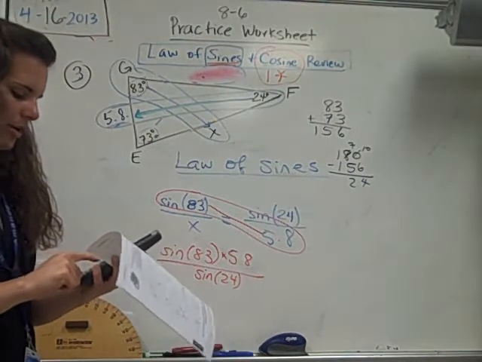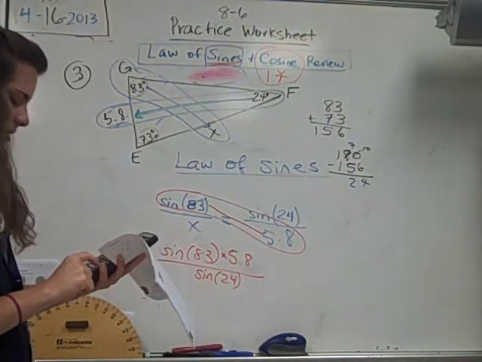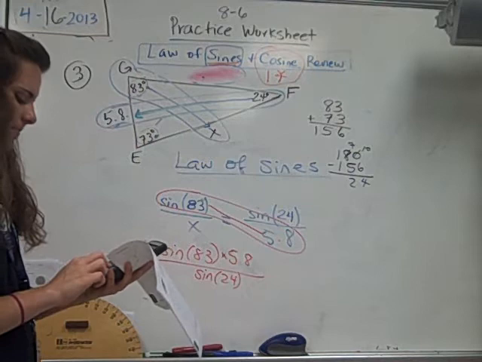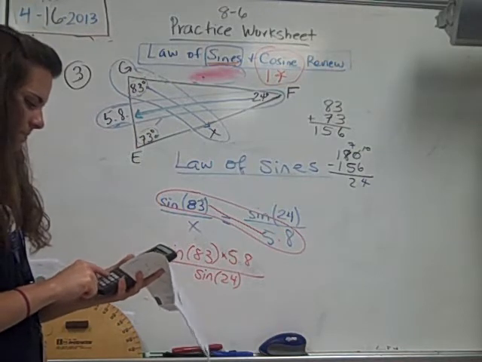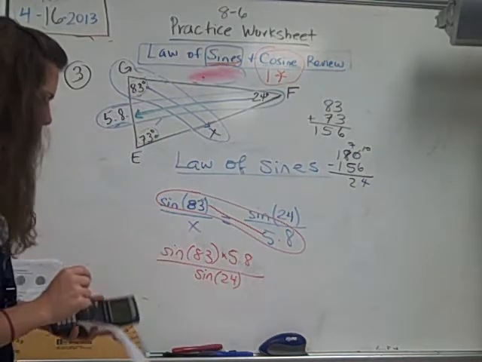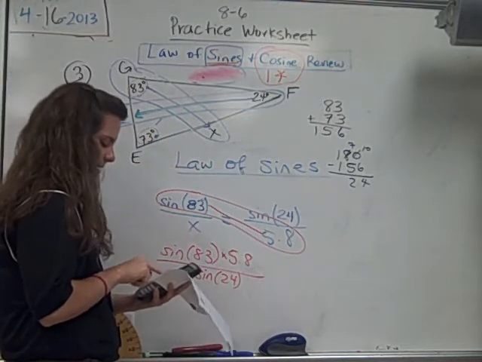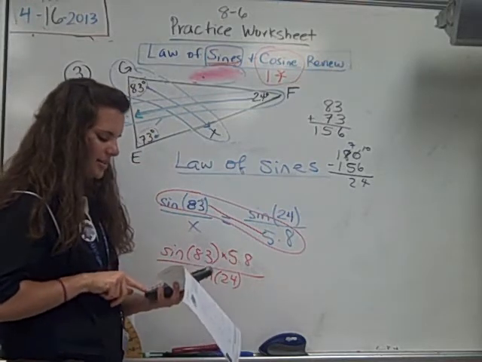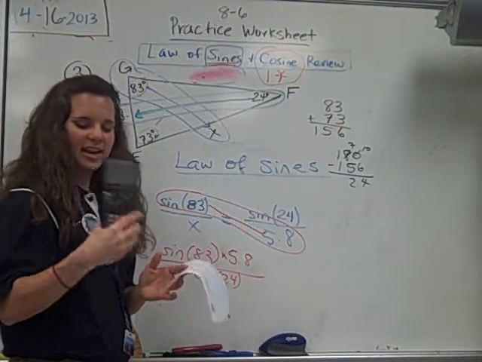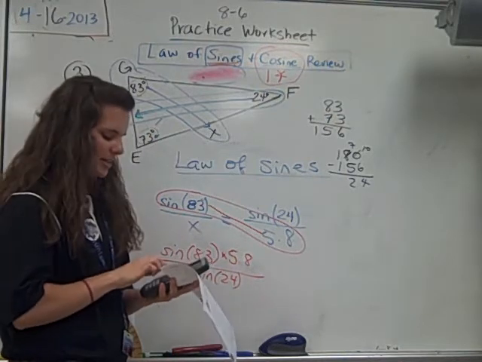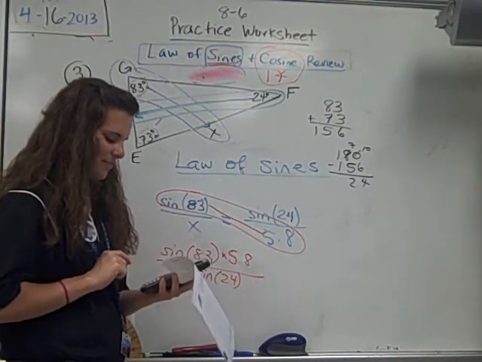Okay, make sure your calculator's in the correct mode. It's got to be in degree. Please don't throw away these signs. And now, wouldn't you know, I told you guys to make sure yours is in degree, and I just assumed this one was, and I just did it, and it wasn't in degree.